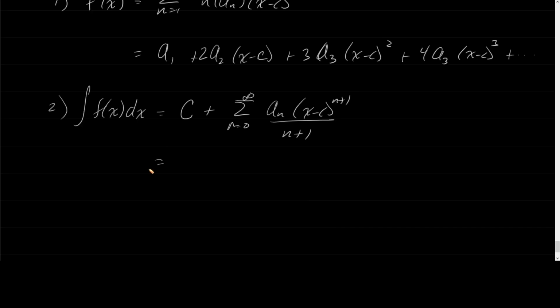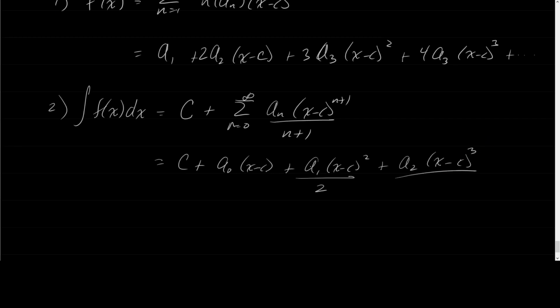We're saying c plus a naught times x minus c plus a sub 1 times x minus c squared over 2, plus a sub 2 times x minus c to the third, over 3. So on and so forth, right?